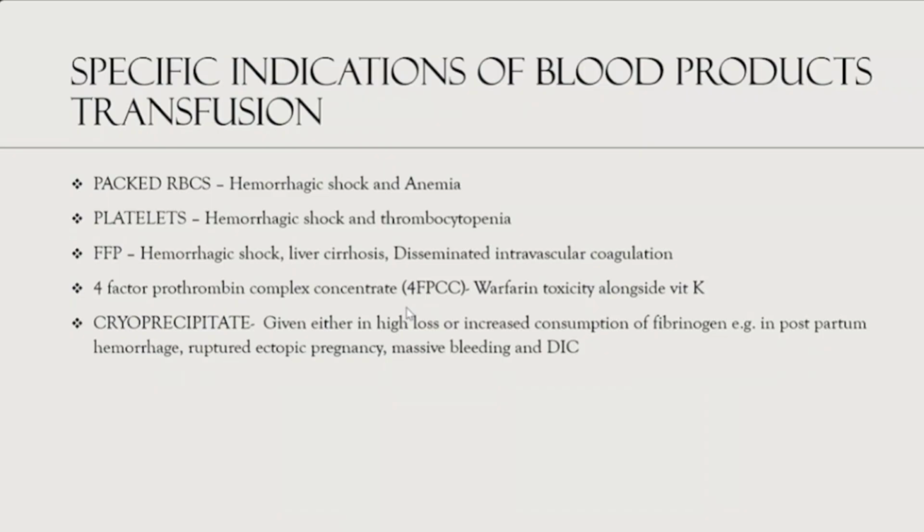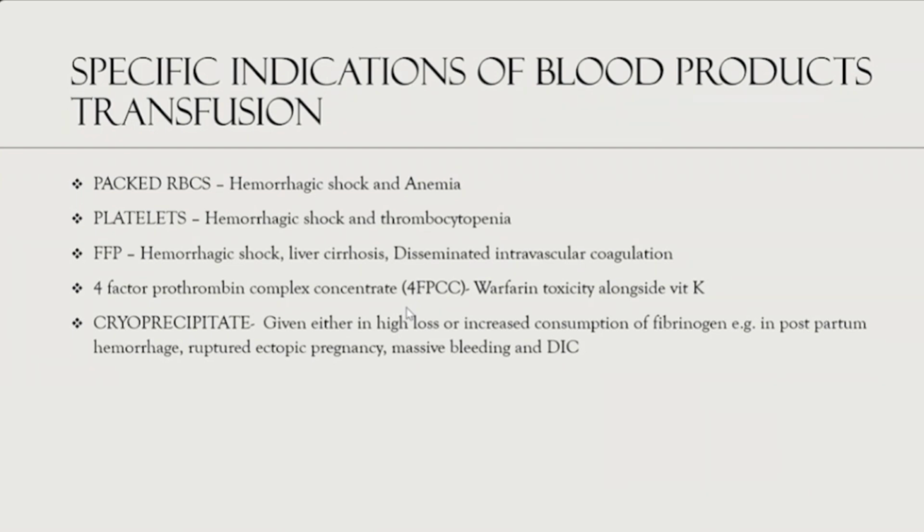So we also have the cryoprecipitate. The cryoprecipitate can be given either when you have a high loss, you've lost so much of the plasma, or increased consumption of the fibrinogen. I've told you before that cryoprecipitate is highly rich in fibrinogen.